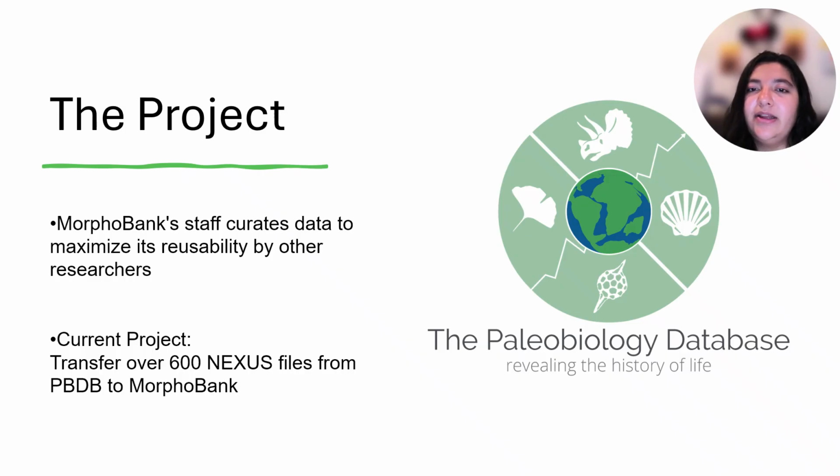But this is the main goal of my project, to complete this 600 Nexus file transfer successfully from the paleobiology database to MorphoBank to make the morphological data and the morphological matrices from these papers more accessible to people around the world.